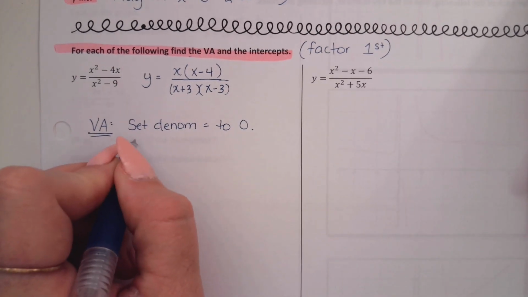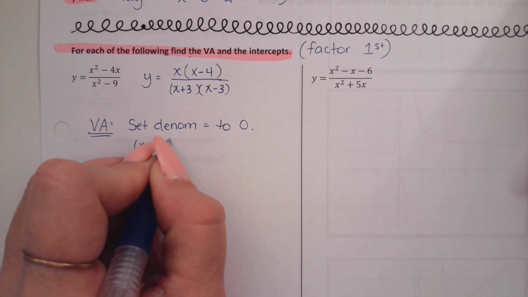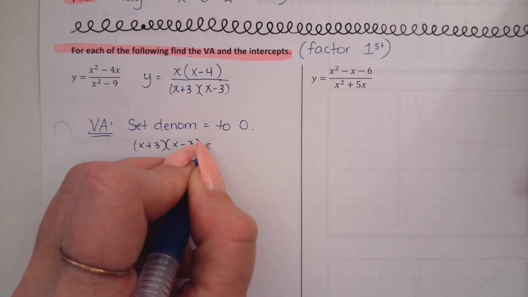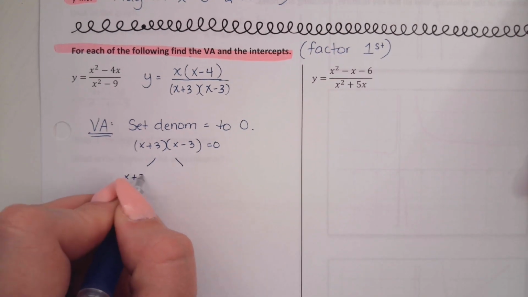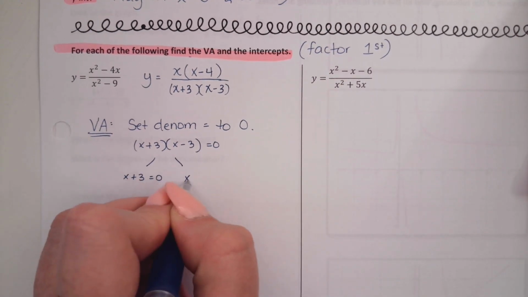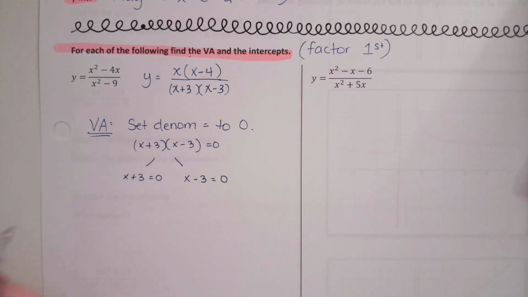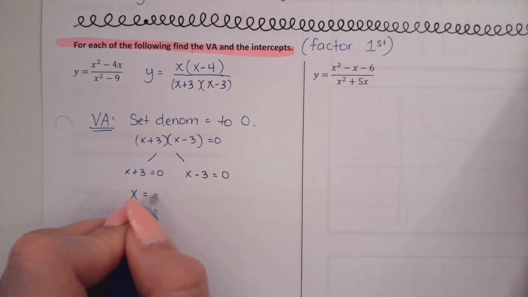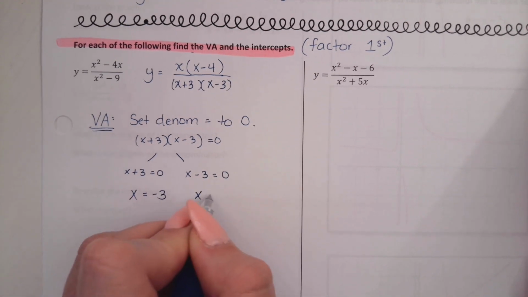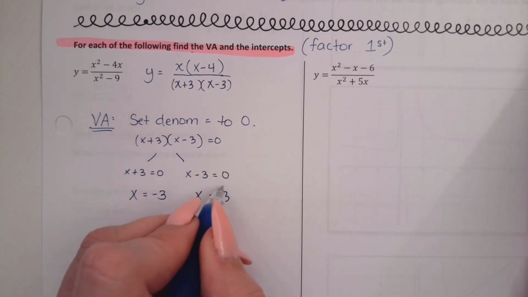So I'm going to take that x plus 3, x minus 3, and set it equal to 0, which basically creates two answers. One when x plus 3 equals 0, and one when x minus 3 equals 0. So my two vertical asymptotes, one of them's at x equals negative 3, one of them's at x equals positive 3.